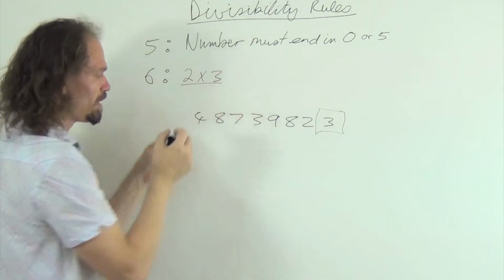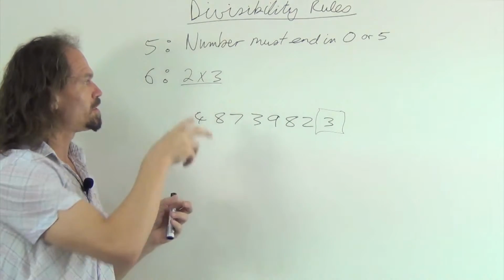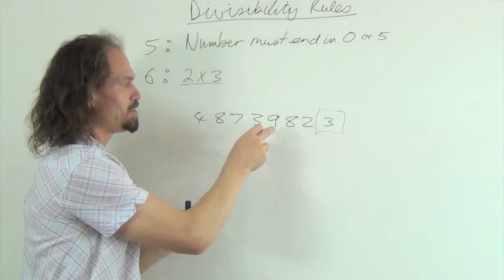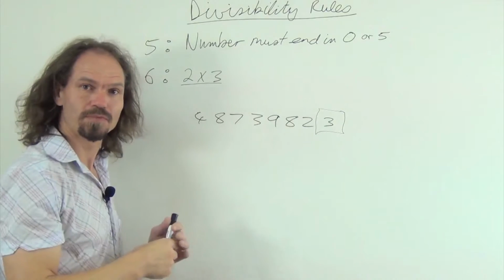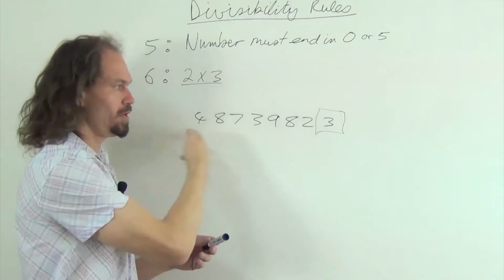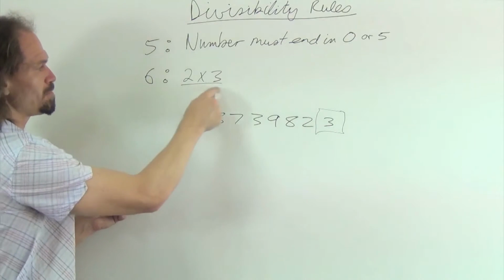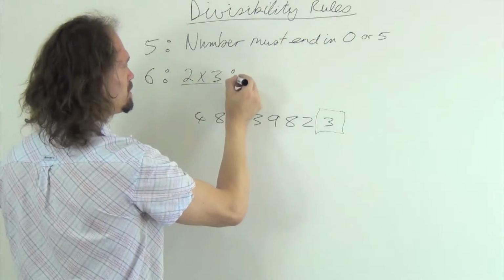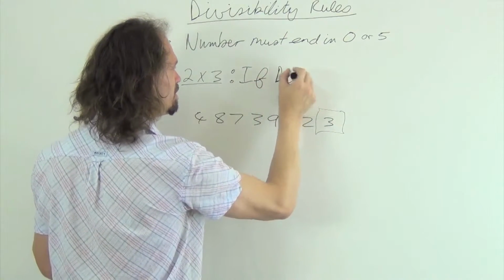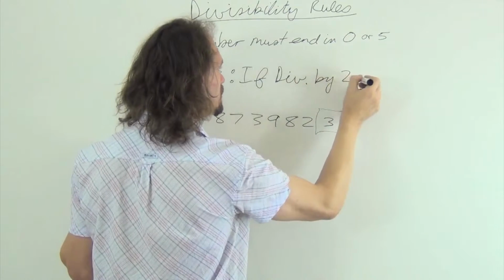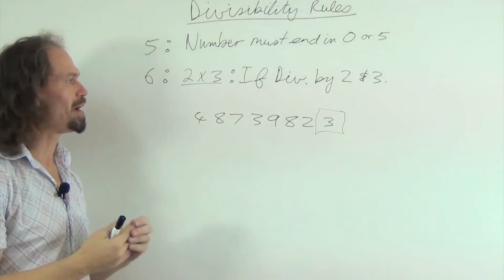Do you get that? 6 is the same as saying 2 times 3, which means if the number is divisible by 2 and it's divisible by 3, then the number in total is divisible by 6, because 6 is 2 times 3. So therefore my rule is, if divisible by 2 and 3, then the number is divisible by 6.